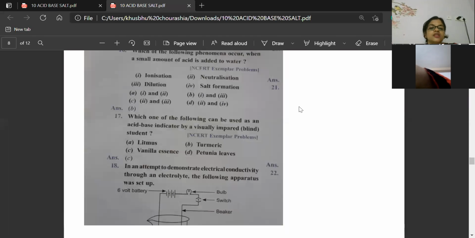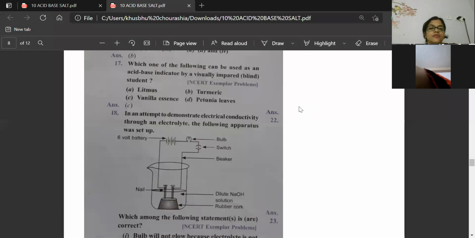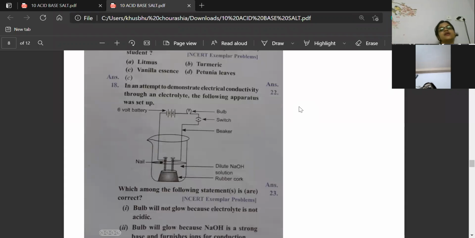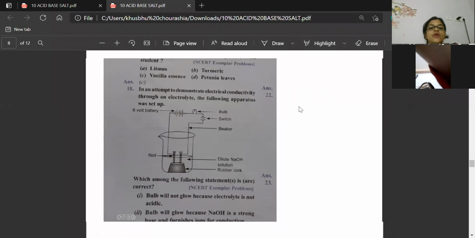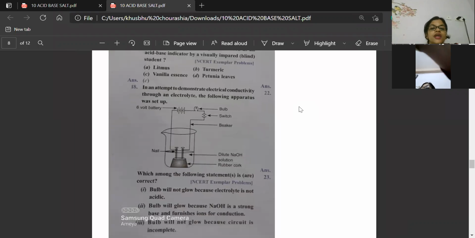Now this is the question on electrical conductivity. In an attempt to demonstrate electrical conductivity through an electrolyte, the following apparatus was set up. See the apparatus nicely. Which among the following statements is correct? Bulb will not glow because the electrolyte is not acidic.